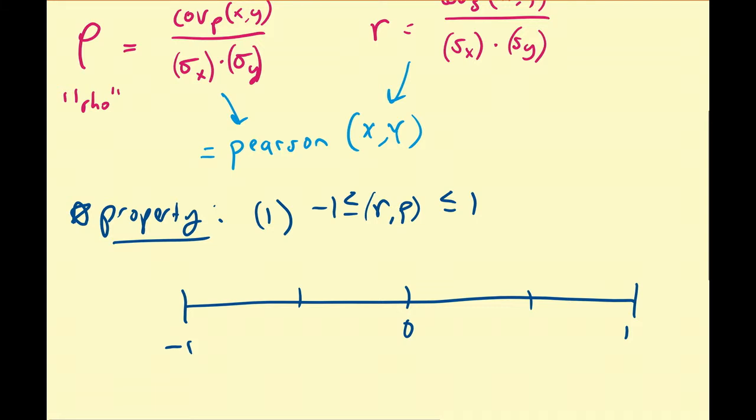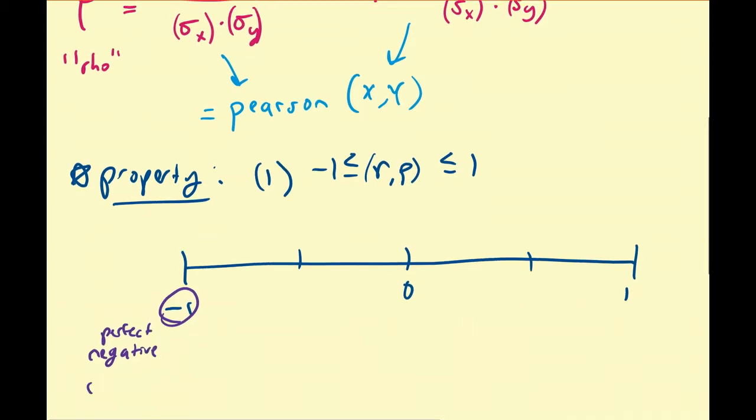So if you have a Pearson correlation coefficient of -1, this is what is going to be referred to as a perfect negative correlation, and at 1 this is going to be referred to as a perfect positive correlation.